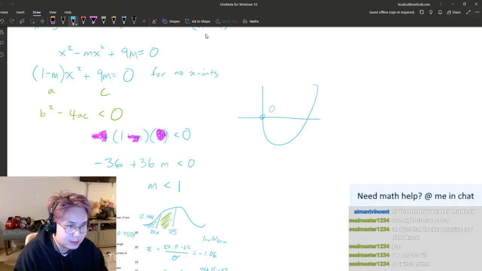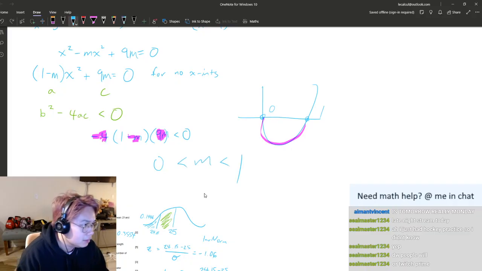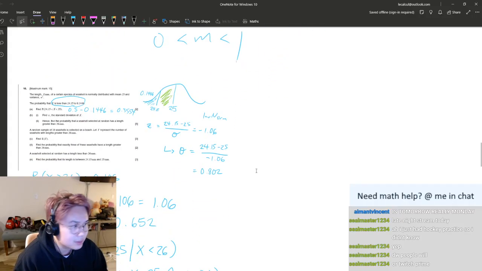The x-intercepts are between 0 and 1, which means your quadratic is negative valued in between these. So the answer should be here. Shoot.